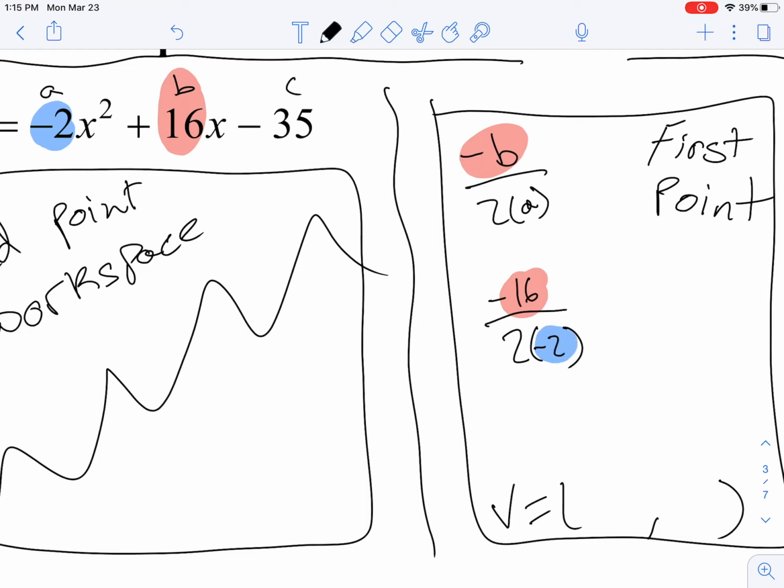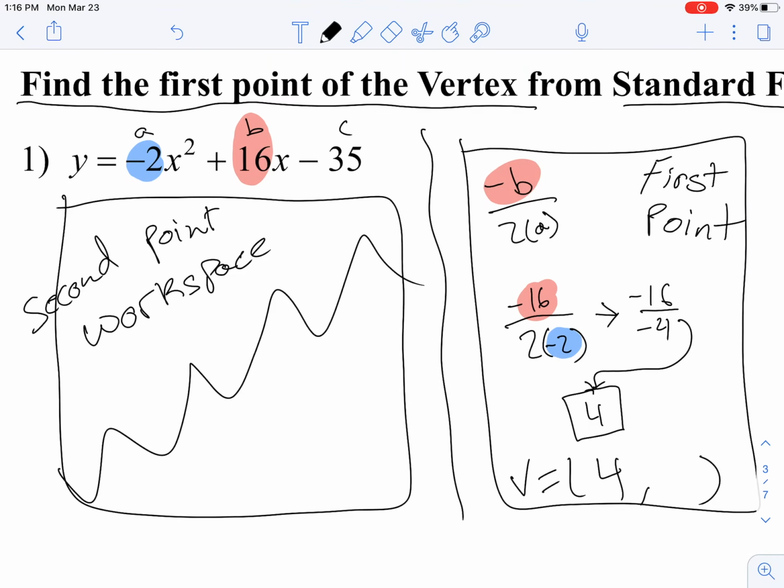So that's what I'm plugging in there: negative 16 over 2 times negative 2. When I work this out, 2 times negative 2 is negative 4, and negative 16 divided by negative 4 is positive 4. So my first point is a positive 4. Again, we'll worry about the second point in a little while.